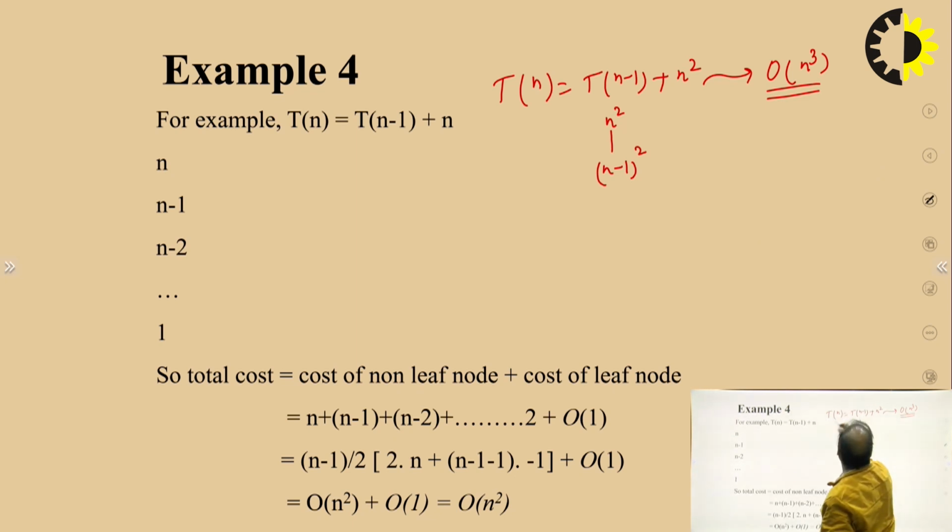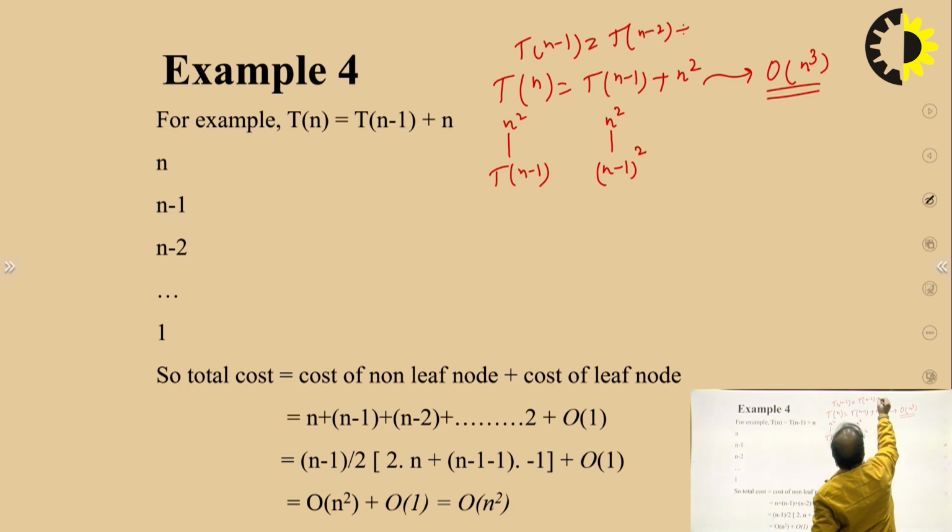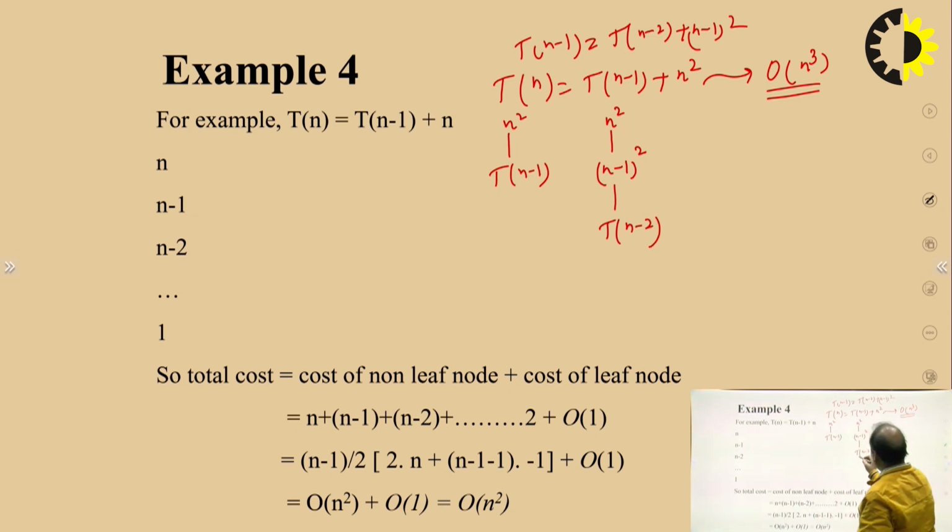Now Tn minus 1 will be Tn minus 2 plus n minus 1 whole square. So this is again Tn minus 2. If we continue like this, ultimately we will get T1.